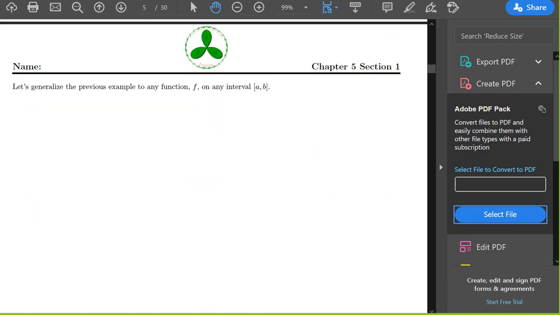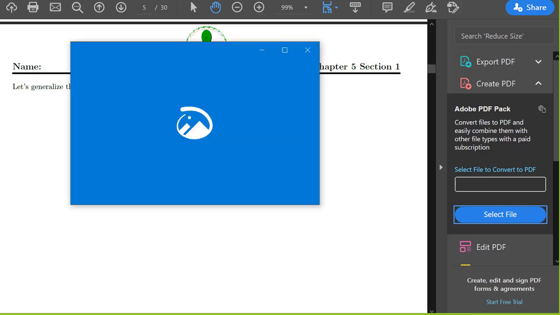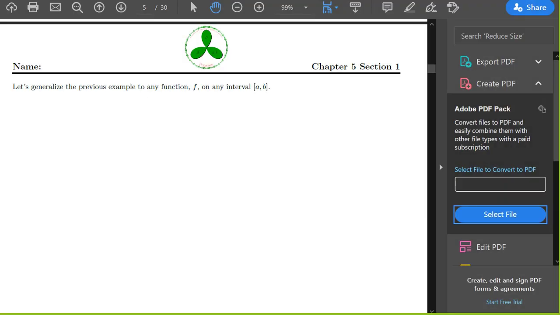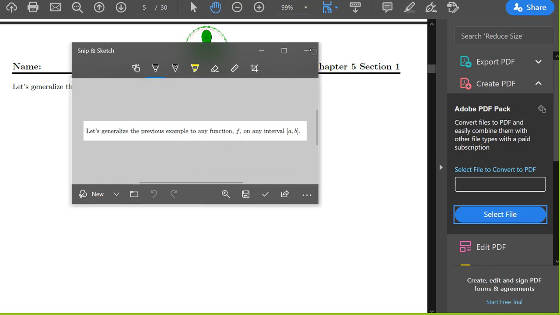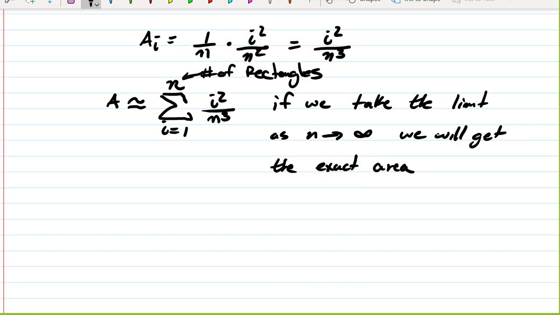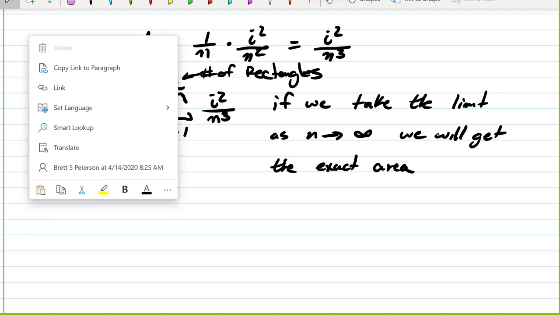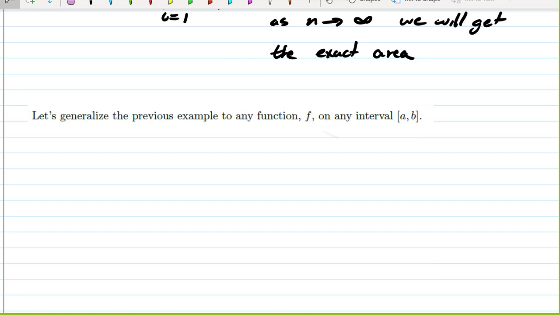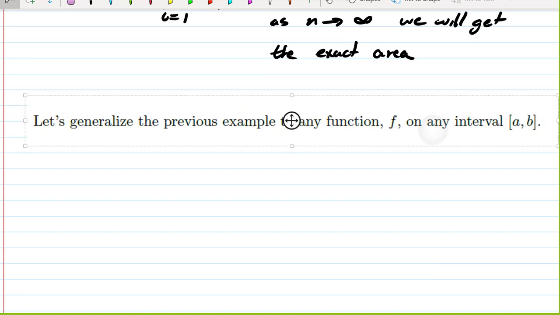Well, we want to generalize this to any function on any interval a comma b, because we're not always going to be working with the squaring function, and we're not always going to be working on the interval from 0 to 1. So let's take this and generalize it to anything.